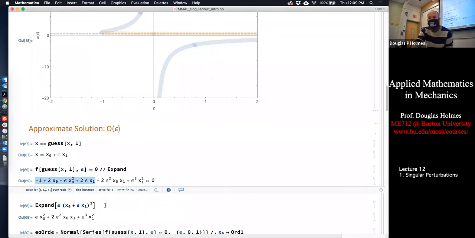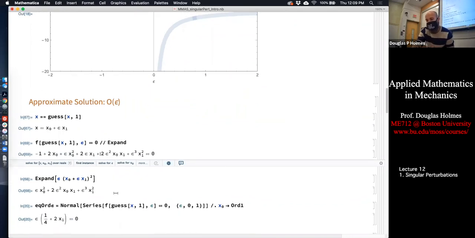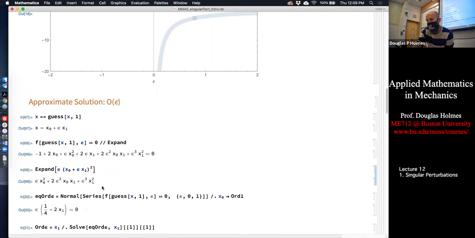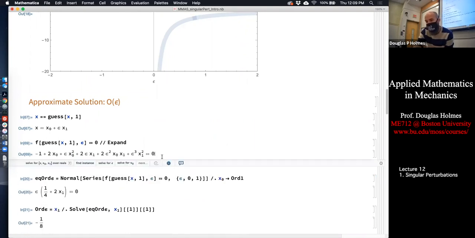If you're doing this in Mathematica or any kind of coding where you want to systematically retain only the terms up to order epsilon, then you do another series expansion. So we take this thing, not this thing, we take this thing, and we do a series expansion of it.